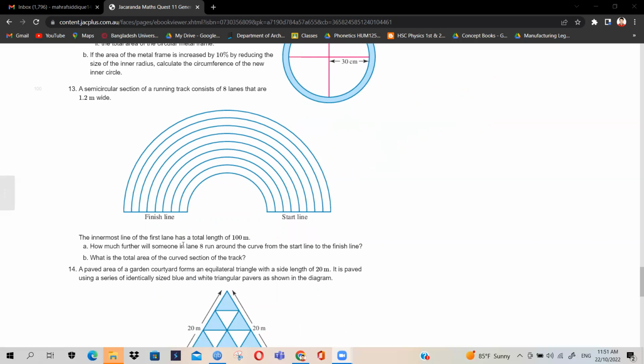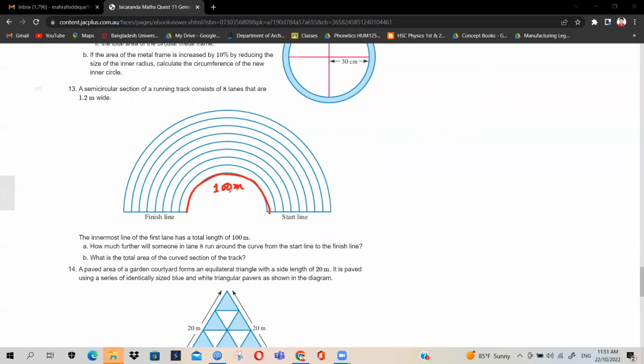How much further will someone in lane 8 run around the curve from the start line to the finish line? Okay, what is the total area of the curve section of the track? So the innermost line, that means this line, right? Innermost line of the first lane has a total length of 100 meters. This is 100. Okay, fine, no worries.